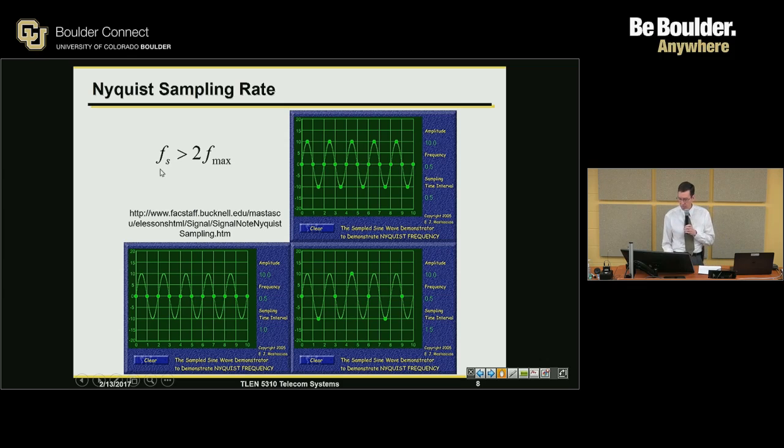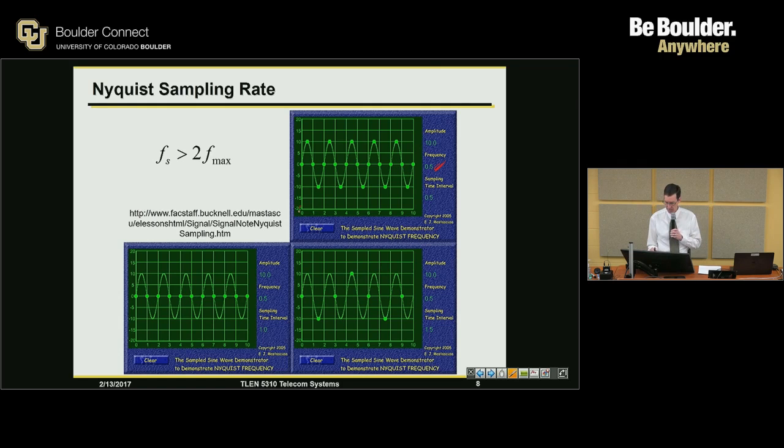If you want to play around with this, I assume that this link is still good. It was good last time I checked, but it's been a while. You can go and play with it. If you look at this link and look at the grid over here, it has a frequency of 1/2 cycle per second, which means my period is going to be 2 seconds.